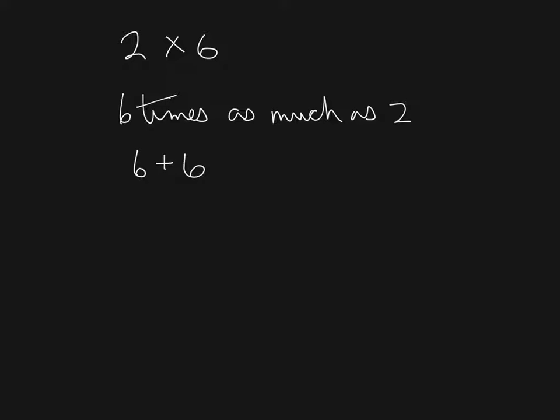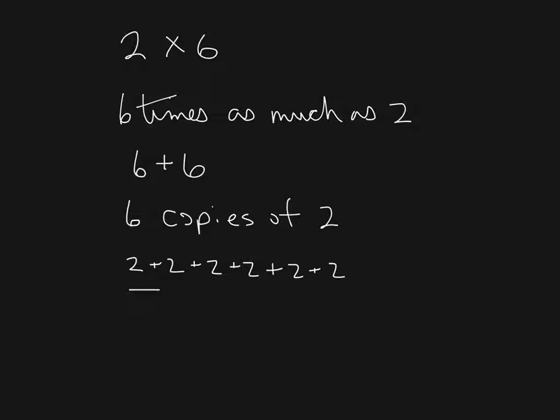And we could think of 6 copies of 2. Or we could think of it as 2 plus 2, plus 2 plus 2, plus 2 plus 2. So every multiplication problem is actually a repeated addition problem, which is what we're going to focus on today.